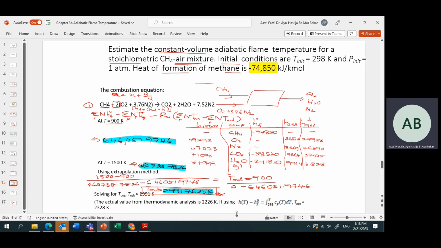Another method to find out the T adiabatic is using the CPBT equation. This one, again, you will need a few more infos to complete this CPBT calculation. I think last time you used this one in thermodynamics, right?